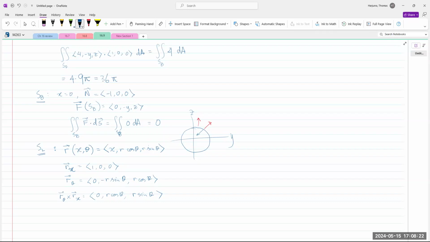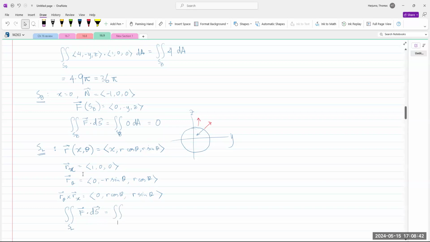Now then, what else do I need? So the double integral over the lateral surface of F dot dS will be the double integral.